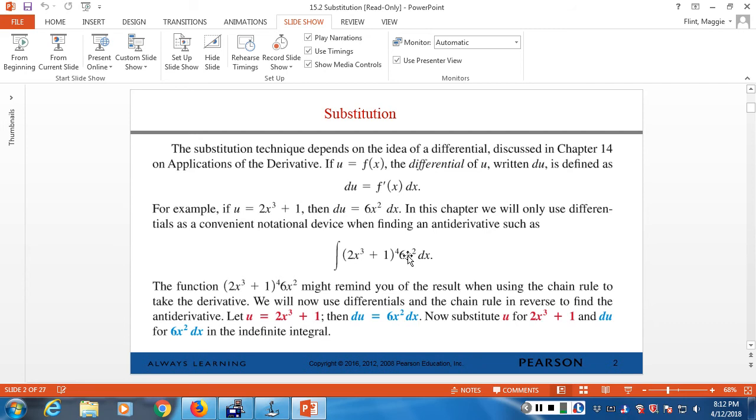So the way that we actually do this is we're going to have that U is equal to this 2x cubed plus 1, so it's actually the integral of U to the 4th power. And then du is actually 6x squared dx.